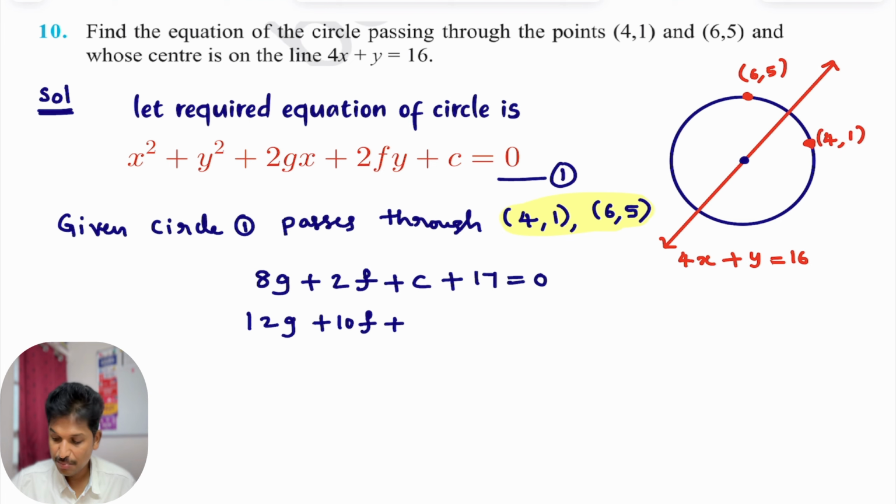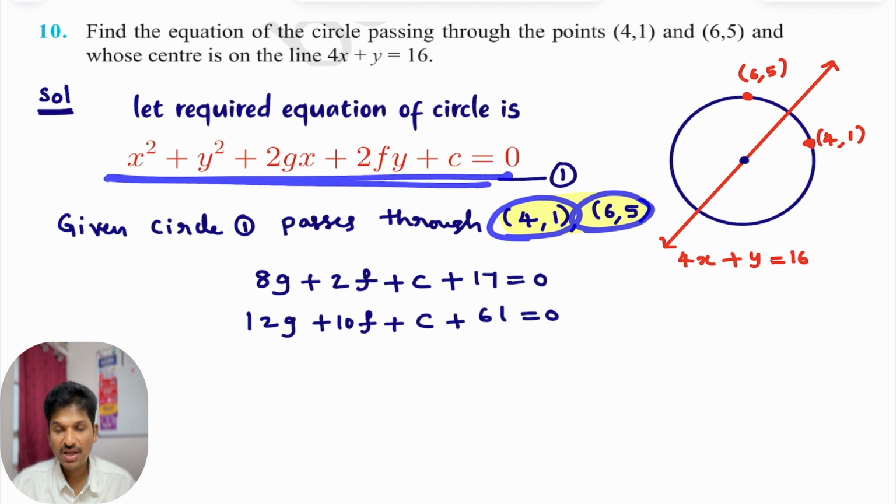Here c is there, plus c, plus now x square plus y square, that means 36 plus 25. 36 plus 25 is 61, equal to 0.